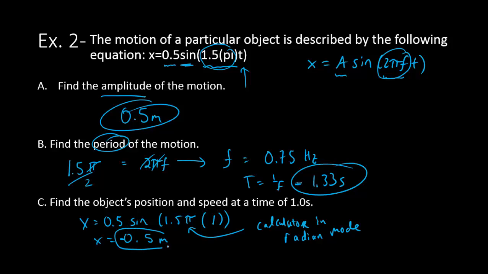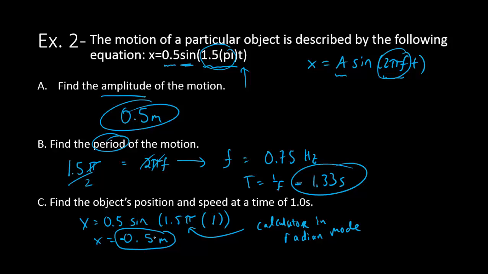And so that means that as I'm watching this object, it's on the other side of where it started. And so negative 0.5 meters is the current position after a second passes. And then the last one says find the speed of the object at this time. Now the book has quite an elaborate treatment, especially on page 447, of some more advanced formulas dealing with velocity and acceleration.